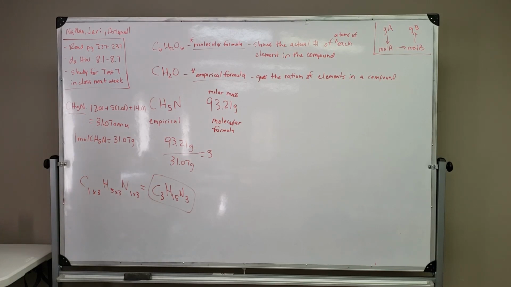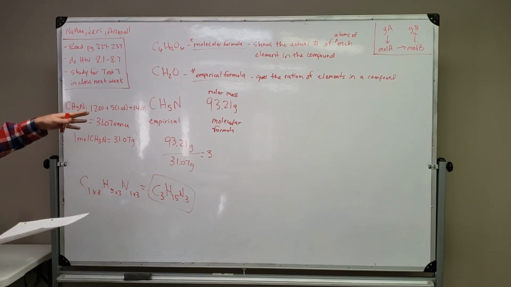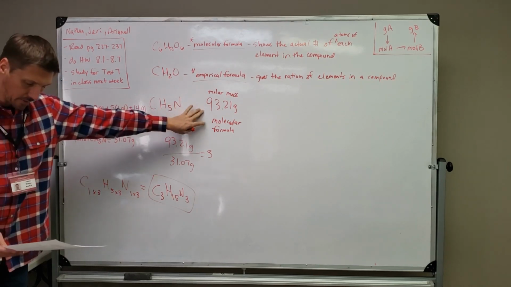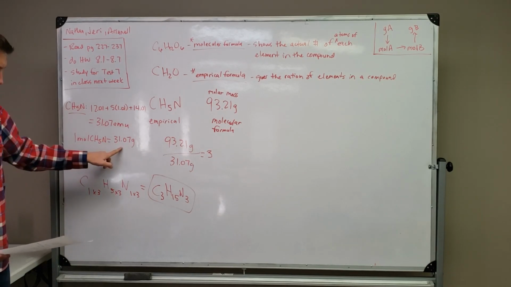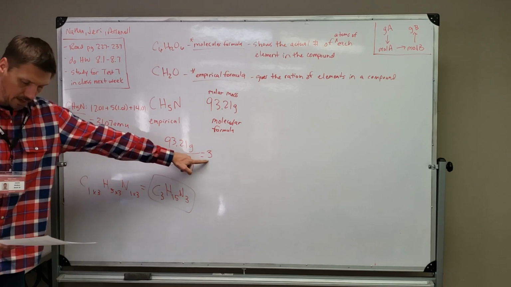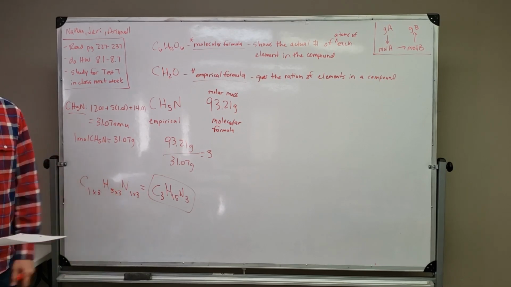All right, so the basic way to convert from empirical to molecular, you have to know the molar mass, like they gave us. So then you divide that mass by the molar mass of the empirical formula, which is what we found here. We divided it and got a factor of 3, and then you multiply the empirical formula by that factor. That's what we did down here.